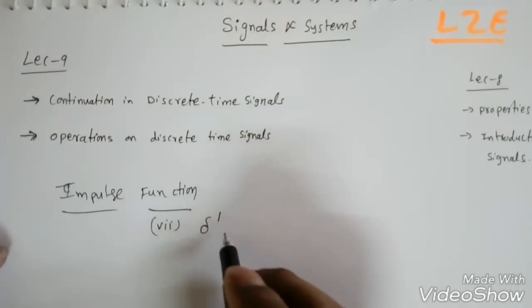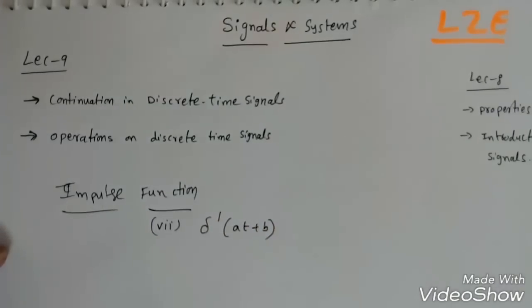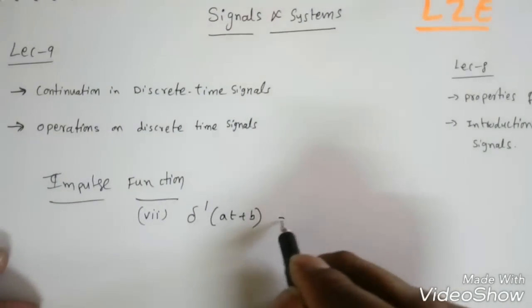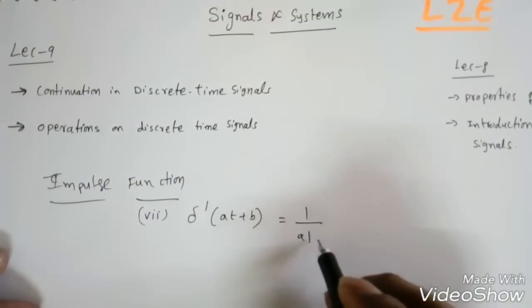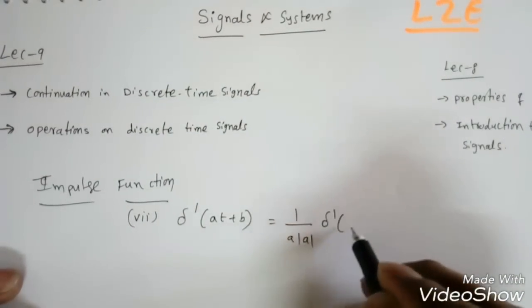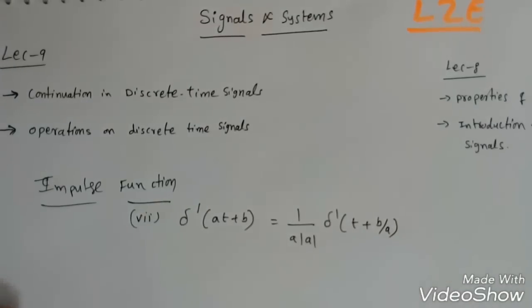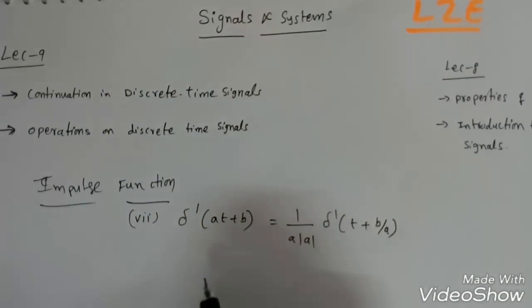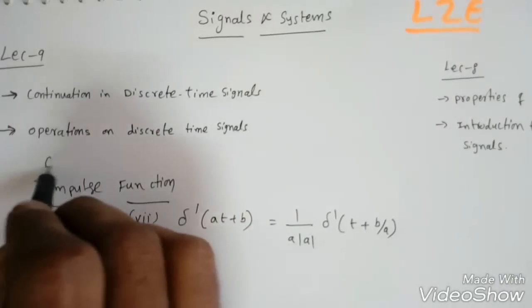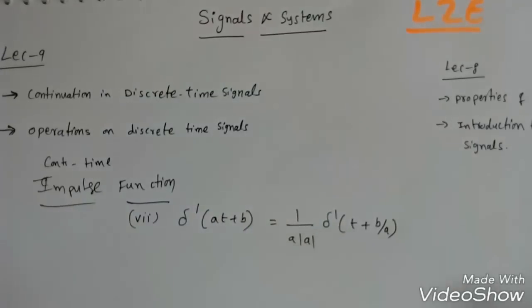If delta dash of at plus b is there, it can be represented by 1 by a into mod a, delta dash of t plus b by a. So this is one more property of a continuous time impulse function, right?